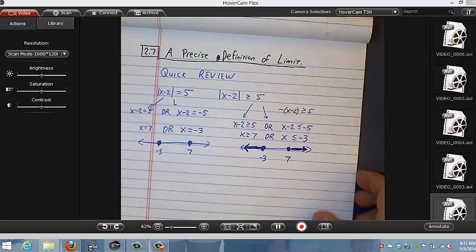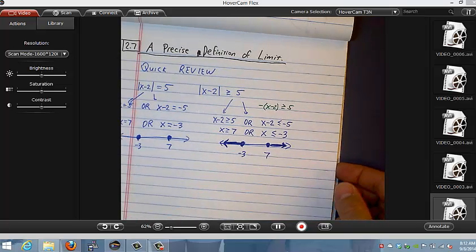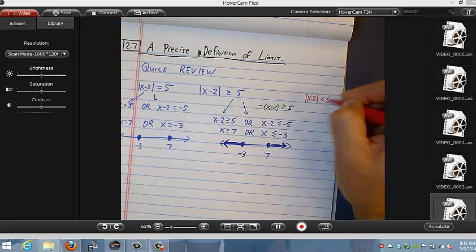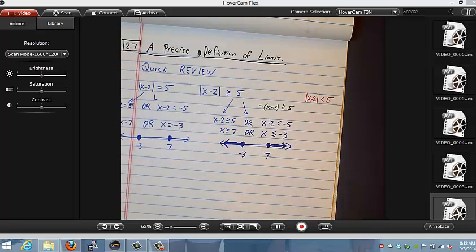And then I could say, well, okay, let's do one more. Let's do absolute value of x minus 2 is less than 5. But I claim that if you did the other ones, you know the answer. Because these are all the points that make the absolute value greater than or equal to 5, right?